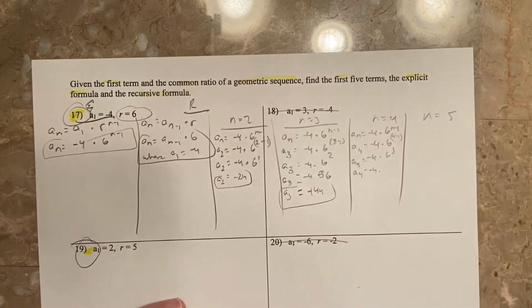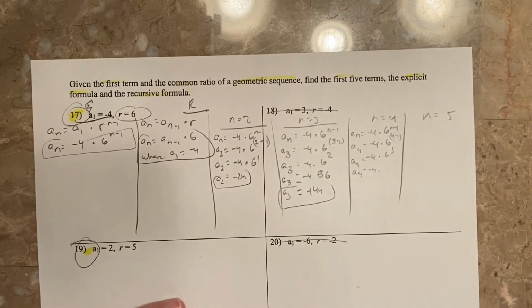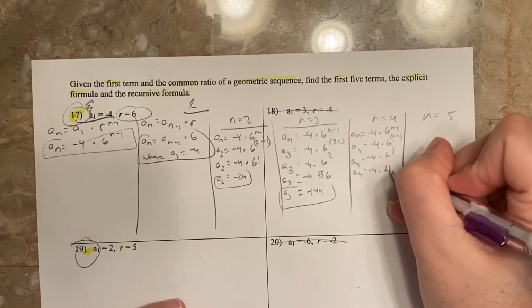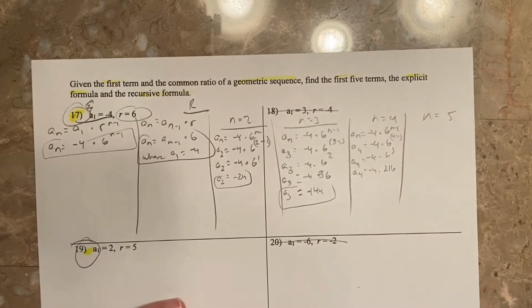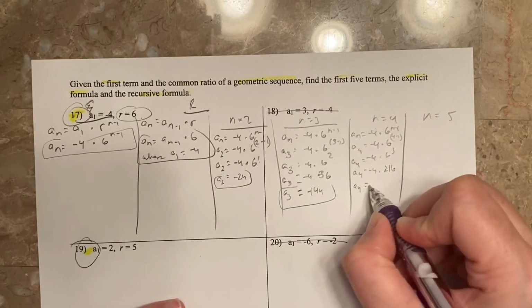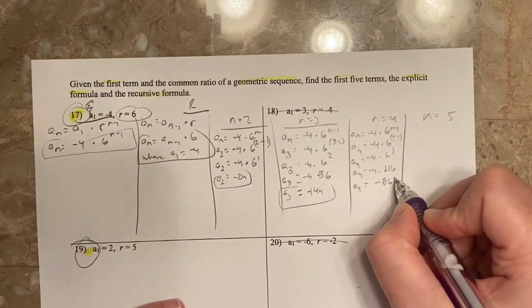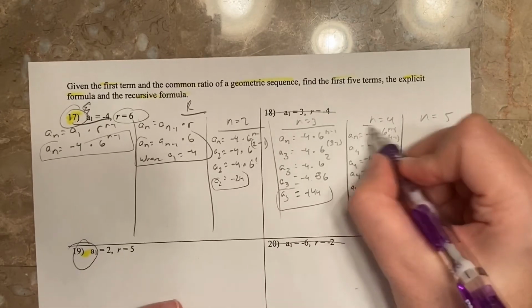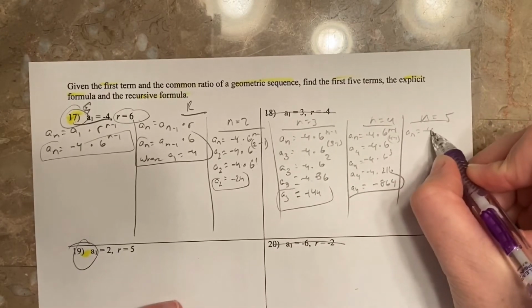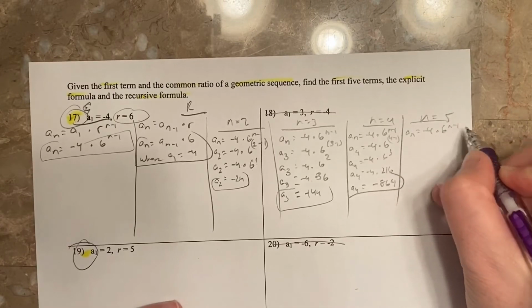6 to the third power, 6 caret 3, is 216. Oh, I should have known that. Times -4. A sub 4 is -864. Okay, last one over here. A sub n equals -4 times 6 to the n minus 1.